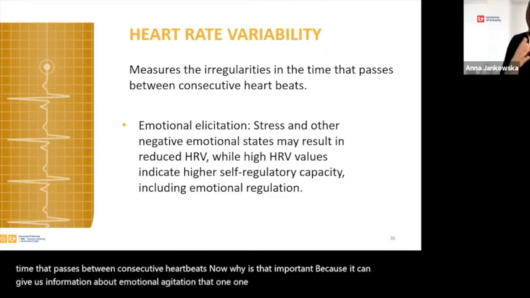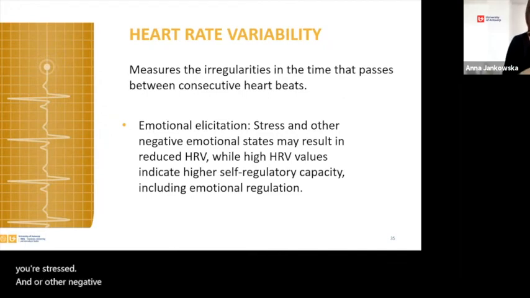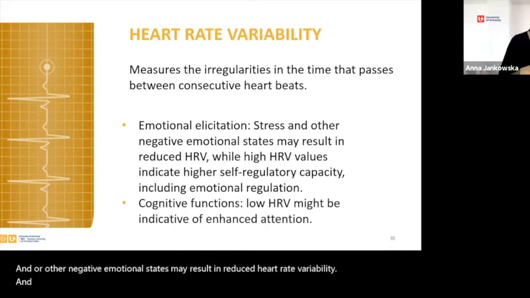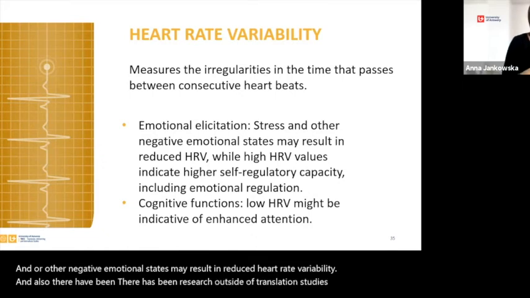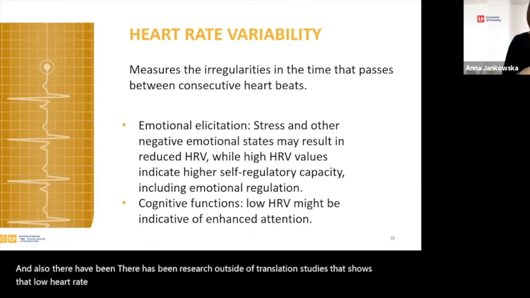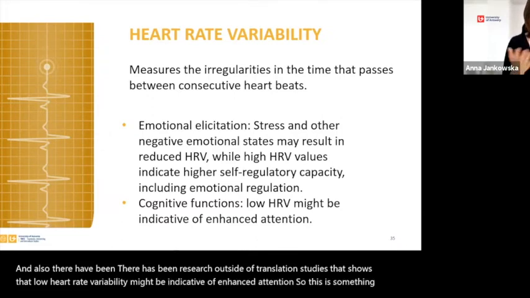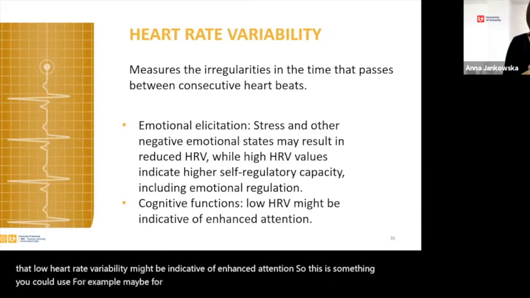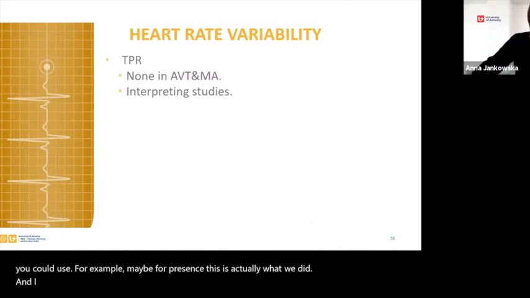When you're stressed or in other negative emotional states, it may result in reduced heart rate variability. Also, there has been research outside of translation studies that shows that low heart rate variability might be indicative of enhanced attention. So this is something you could use, for example, maybe for presence. This is actually what we did, and I can tell you about the research in a second.